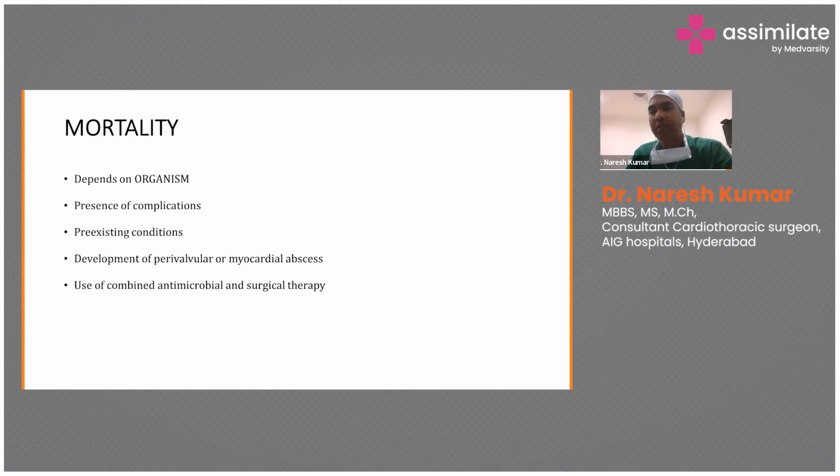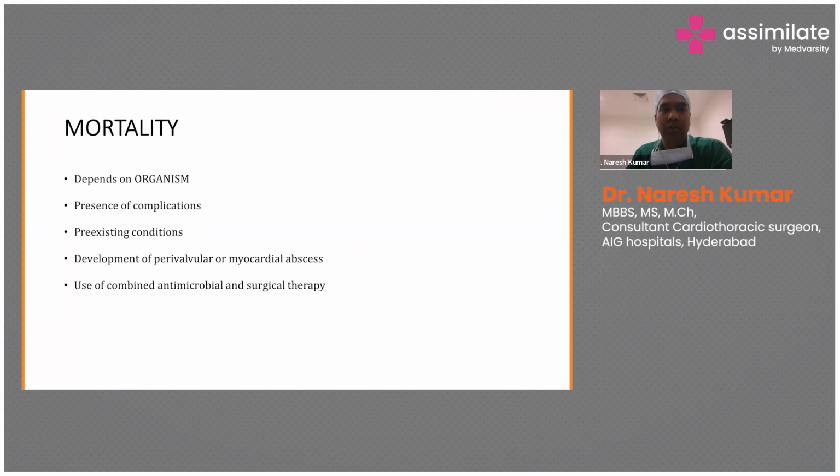The mortality depends upon the virulence of the organisms, the presence of complications at the time of presentation or at the time of intervening with surgical or antimicrobial therapy, the pre-existing condition of the patient, the development of perivalvular abscesses and myocardial abscesses, and the use of combined antimicrobial and surgical therapy.